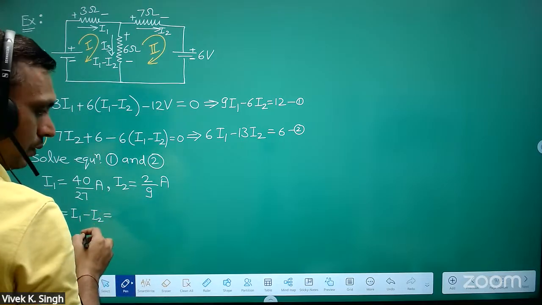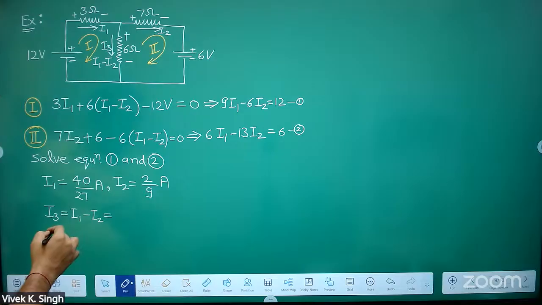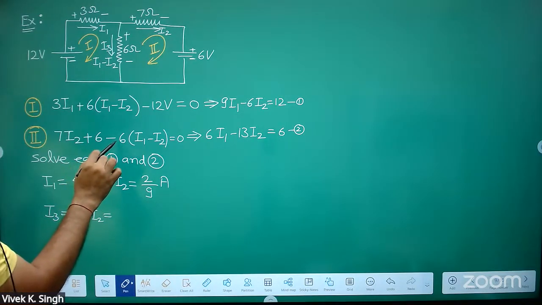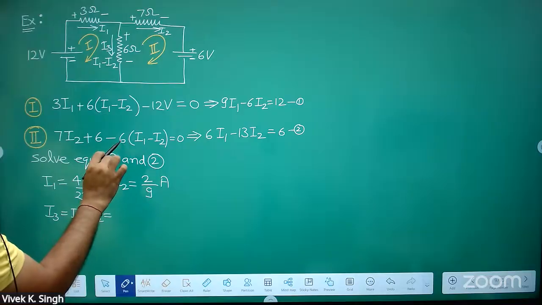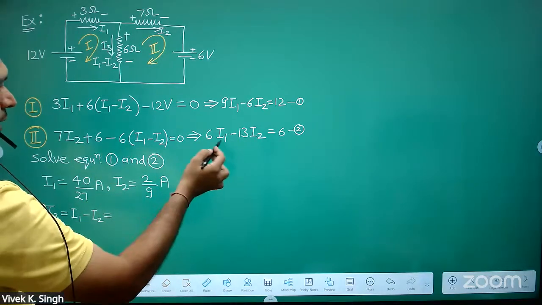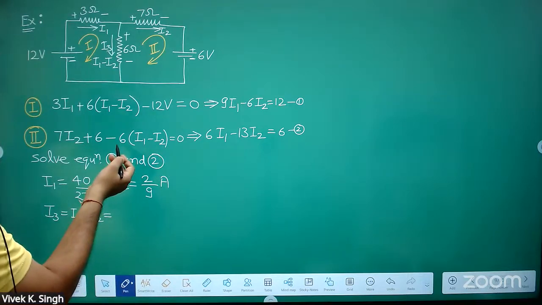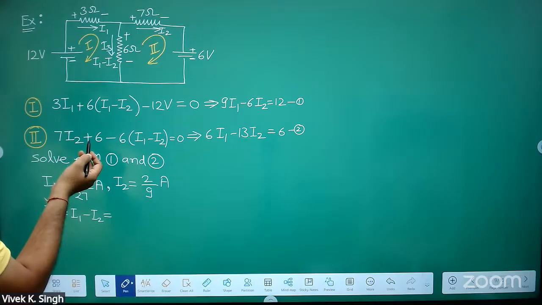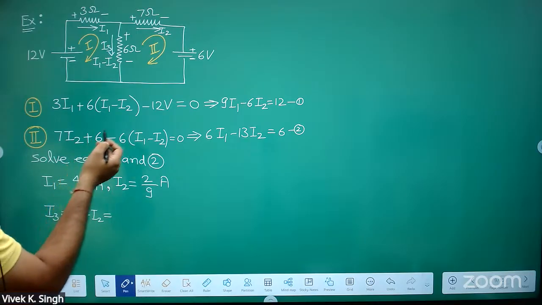Sir, in the second equation, minus 13, I2 should be there. In equation 2, this is minus 6 I1 plus 13 I2. So place it on the right side. So this becomes what? On the right hand side, this is plus 6, no? It will remain there. On the other side, plus 6 will become minus 6.